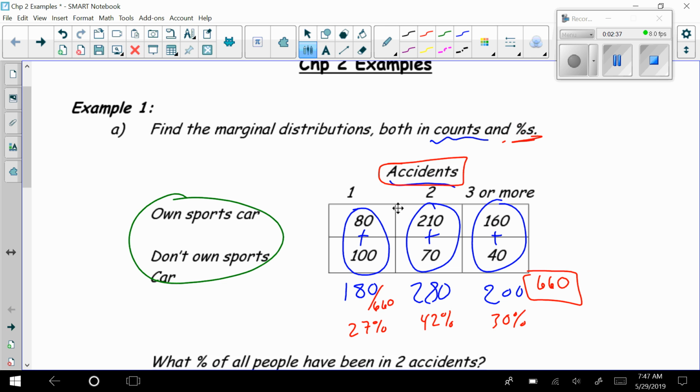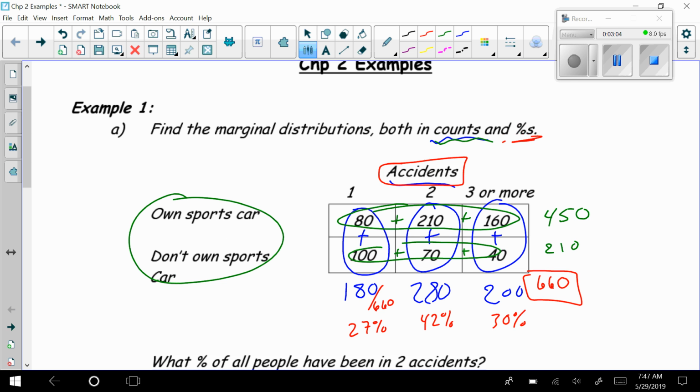If I do that, I'm taking these numbers here and adding them. Adding those up, I get 450. Then I add these, and I get my 210. Of course, if I sum these green numbers, I get this red one. Now this green means the marginal distribution in count of sports car is 450.